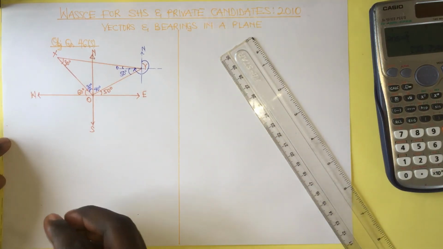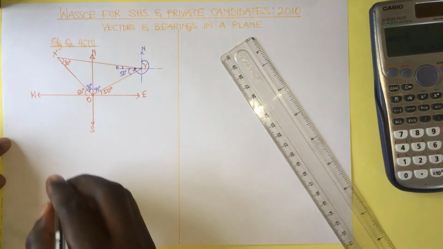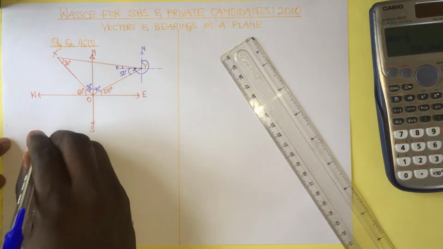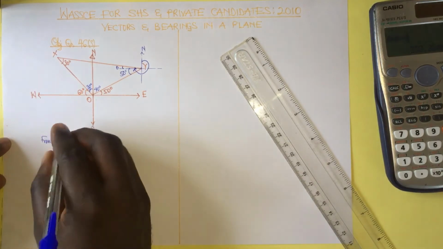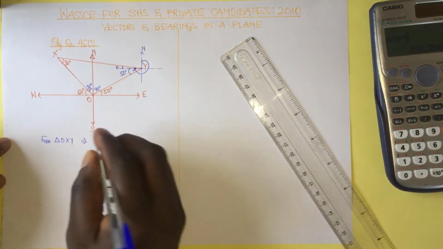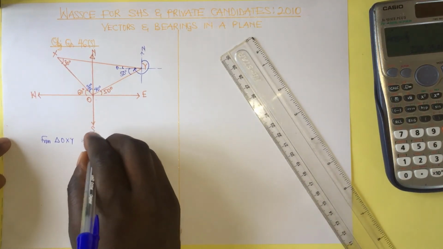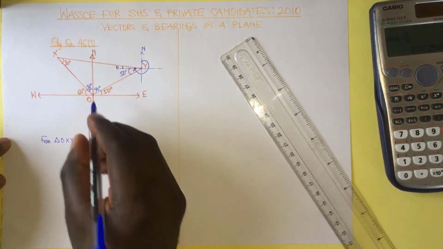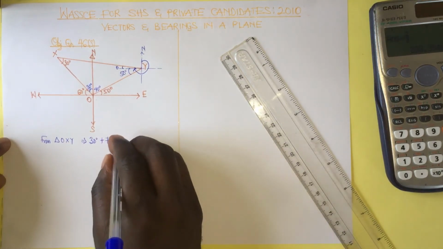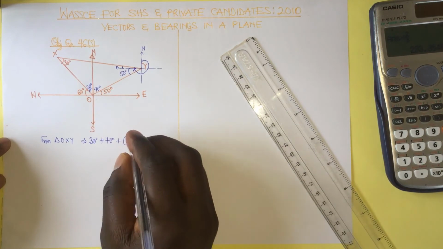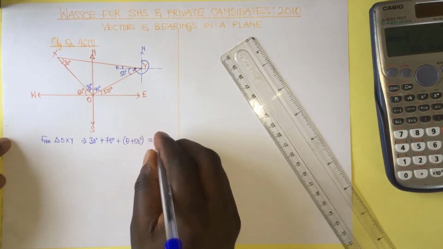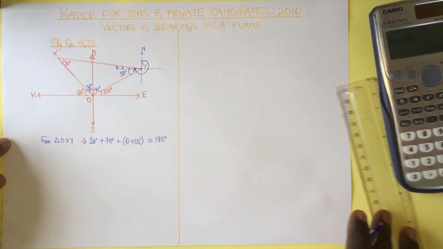So we can say that from triangle OXY, it implies that 30 degrees plus this angle, 70 degrees, plus theta plus 50 degrees is equal to 180 degrees.